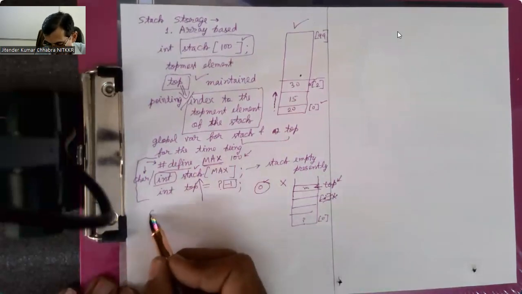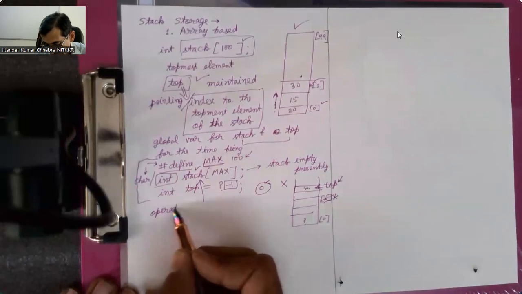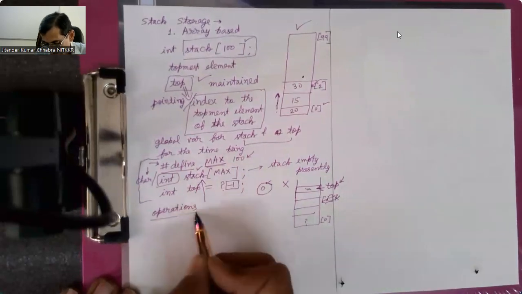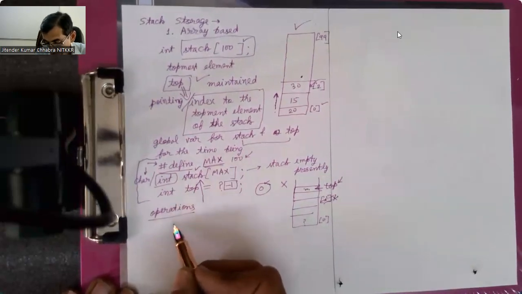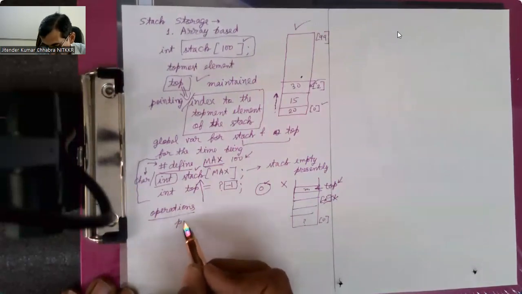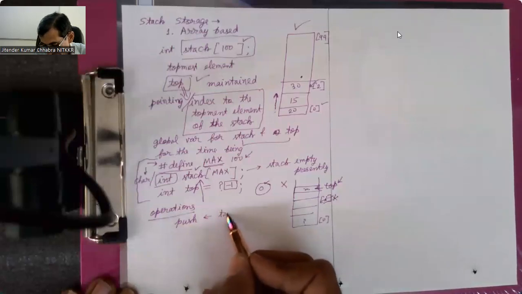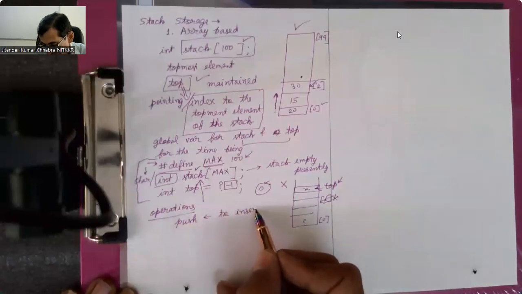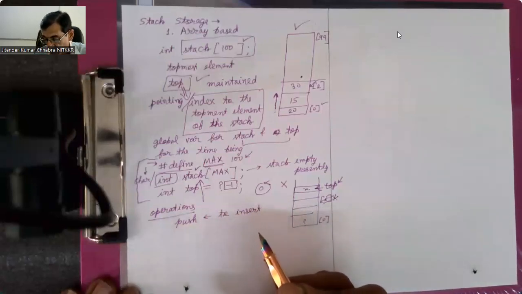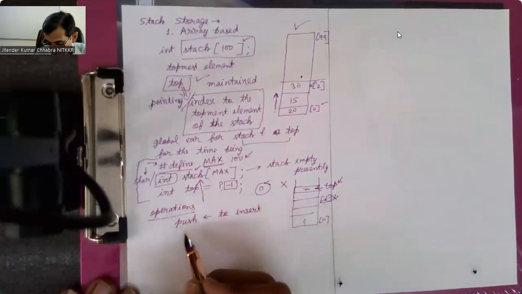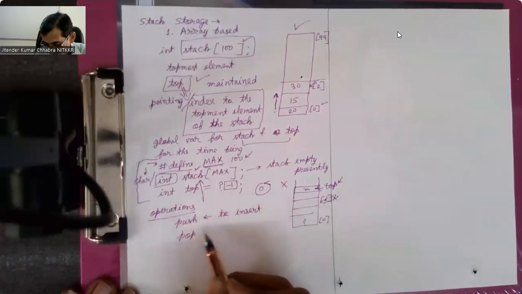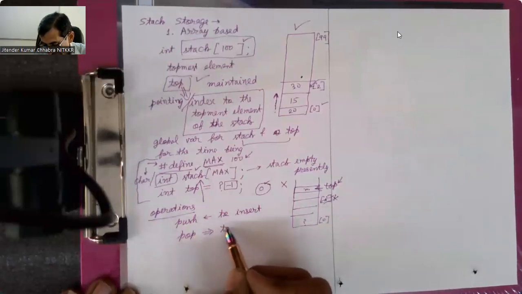Then operations. Primarily over a stack, there are two standard operations. Again, they must be used with the standard names. One is called push, which is used to insert into the stack, and insertion obviously will happen on one end, that is towards the top end, and pop means to take out, to extract an element.